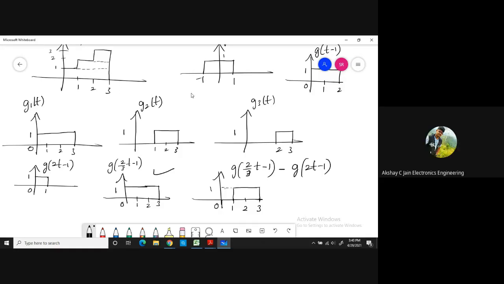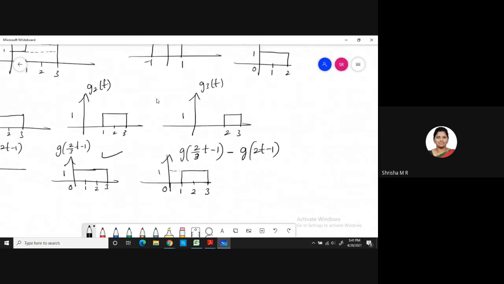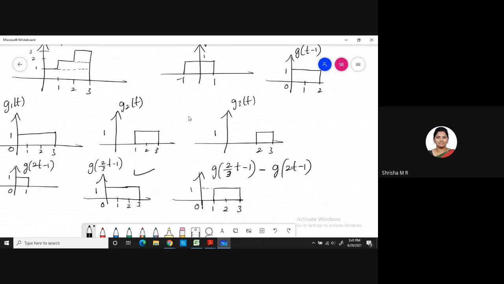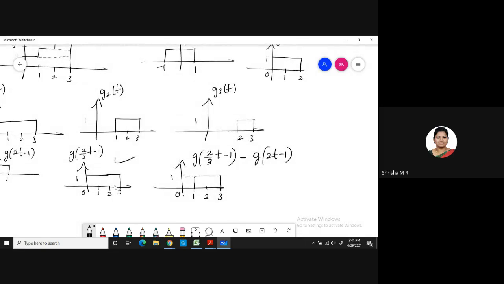Yes, ma'am. So now g3 of t, you tell me. How do you get g3 of t? Can you obtain it by this one, g of 2 by 3t minus 1 minus g of t minus 1? Yes or no? You have a signal from 0 to 3.